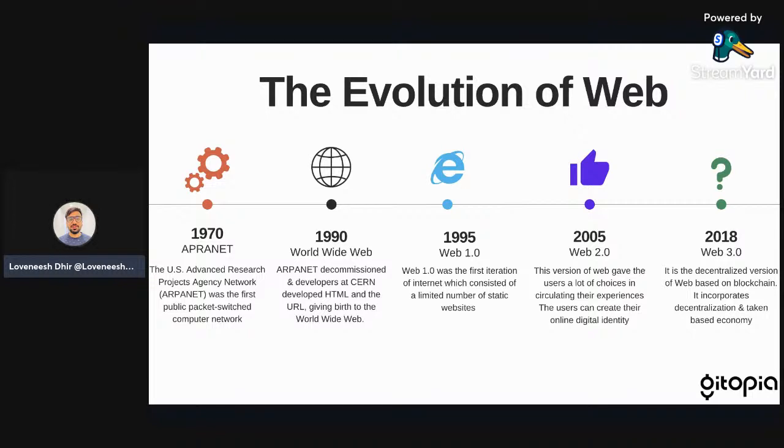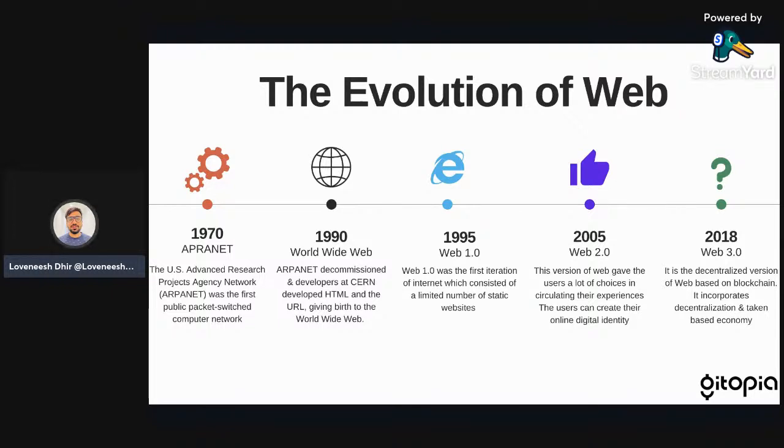came into existence, and we can create our own digital identity on these platforms. So rather than browsing through static web pages, we can create content in Web 2.0. In Web 2.0, users are the creators as well as the consumers.